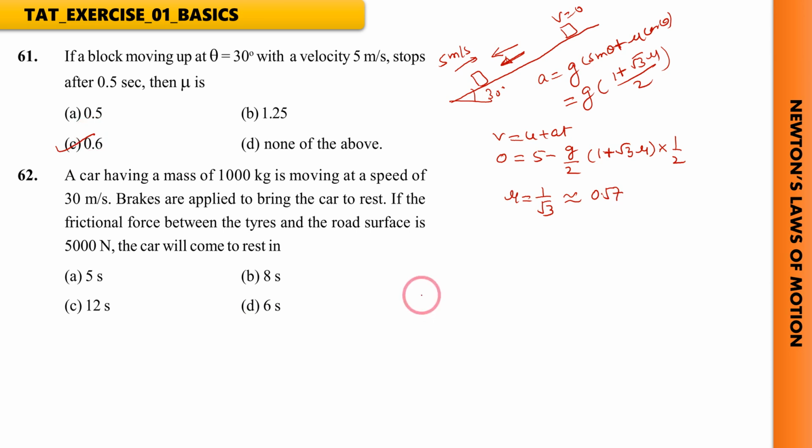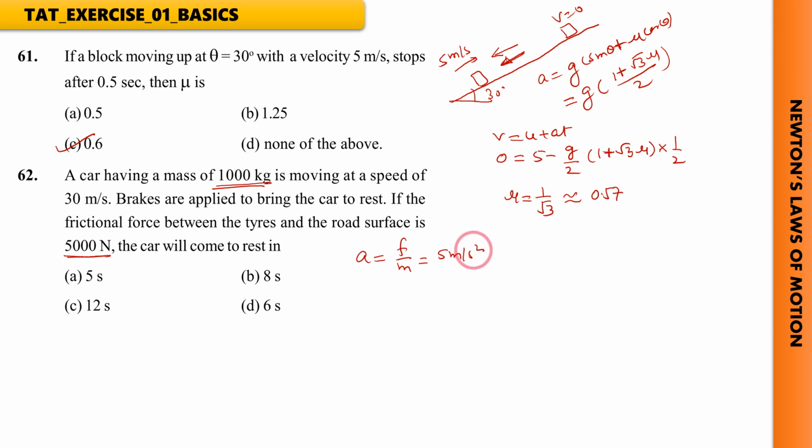So in question number 62, the friction force acting on the car is 500 Newton, which will bring it to rest from 30 meter per second, and the mass is given as 1000. So retardation in this case will be given by friction, F upon m, and this is coming 5 meter per second square.